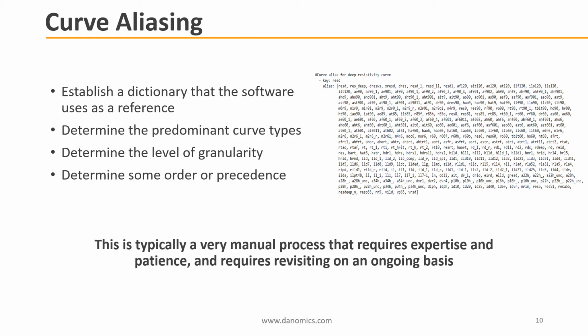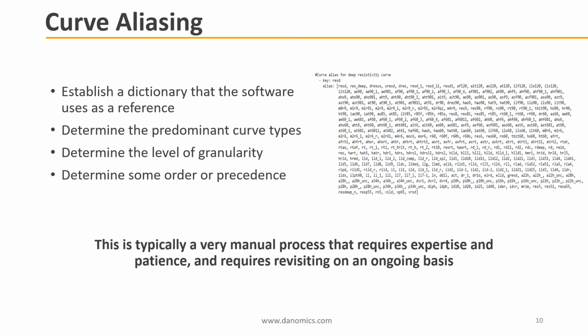And this is typically a very manual process, and it's one that requires a surprising amount of expertise to get correct. You need someone who is familiar enough with the universe of different curve mnemonics that are available.